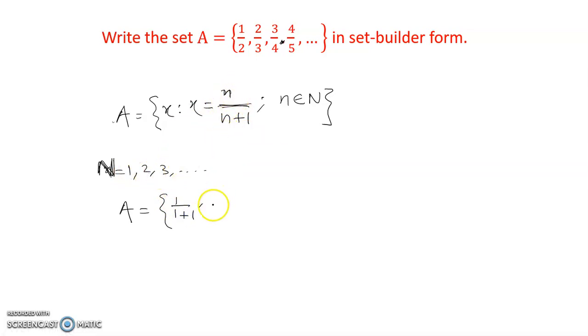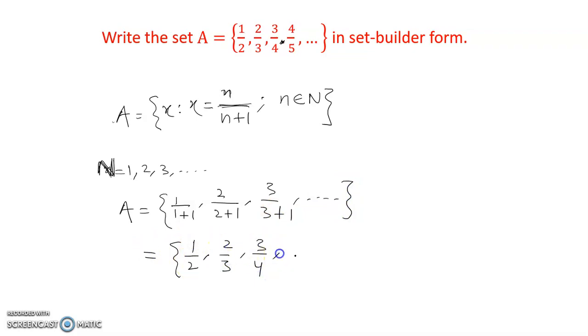Replace n by 2, so 2 upon 2 plus 1. Then n by 3, so 3 upon 3 plus 1. And so on. You can keep on doing it, and what you get is 1 by 2, 2 by 3, 3 by 4, and so on. So this is exactly the same as this set. So this is the answer in set builder form. You can write it this way.